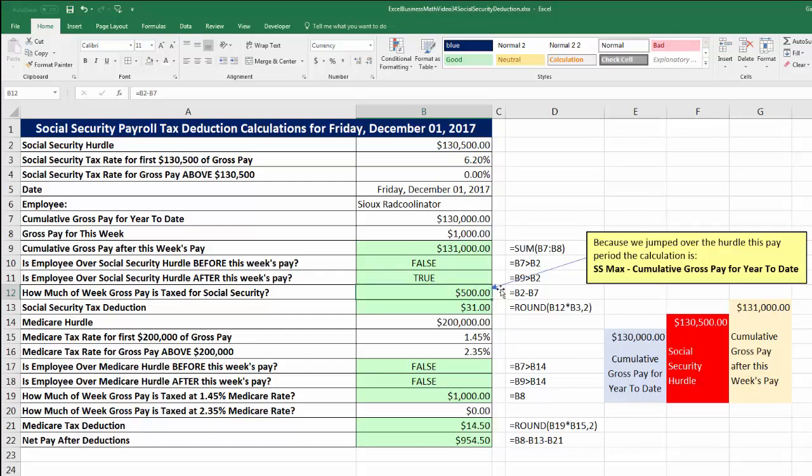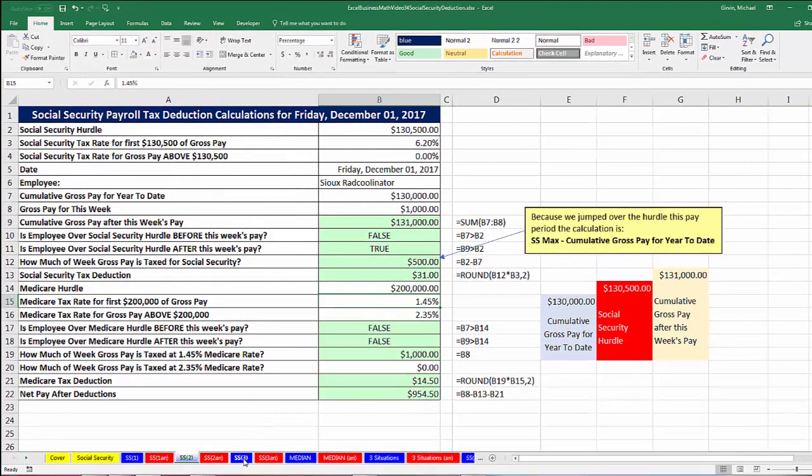Now, for Medicare, after we jump over the hurdle, the tax rate is 0, so we don't have anything to worry about. But as we'll see in a couple examples ahead, when we get to Medicare, we have two distinct tax rates. All right, so example number 1, we are under the hurdle. Example number 2, we jumped over one of the hurdles. Now let's go look at example number 3.